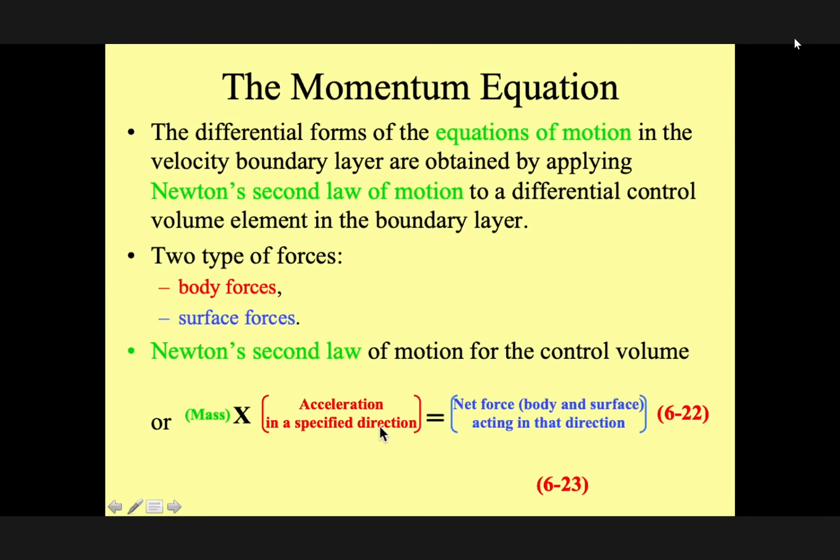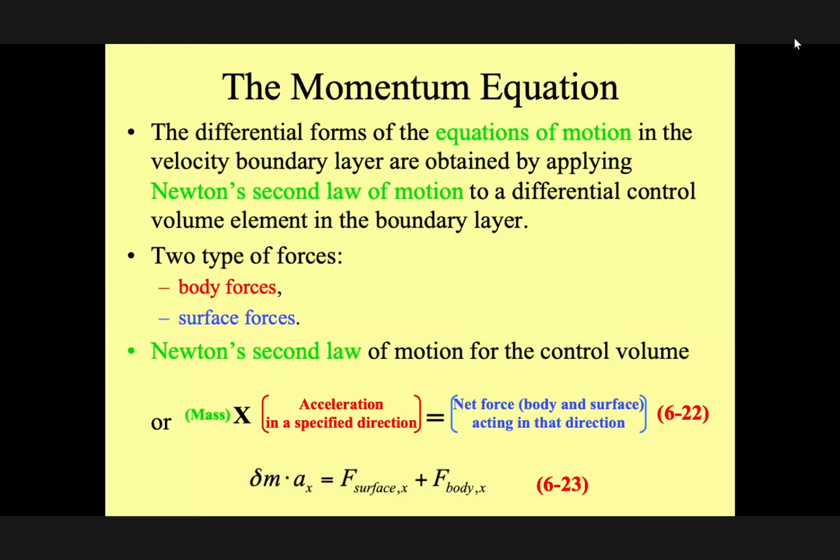We have to understand, when the fluid is moving, what do we mean by acceleration, and the net force acting on that control volume. You have a control volume, you have to identify what forces are acting on it, and then we try to find out what represents the x acceleration. We know the mass of the fluid, that's dx dy times the other side.